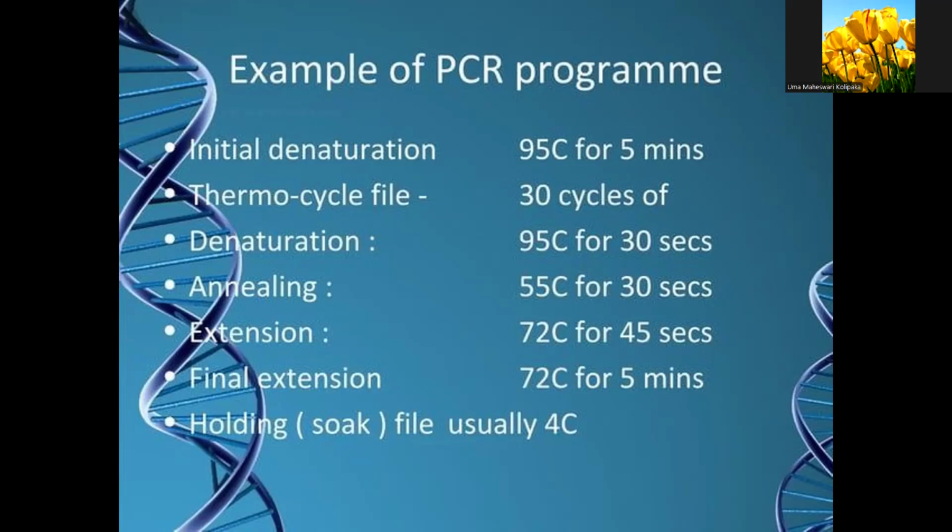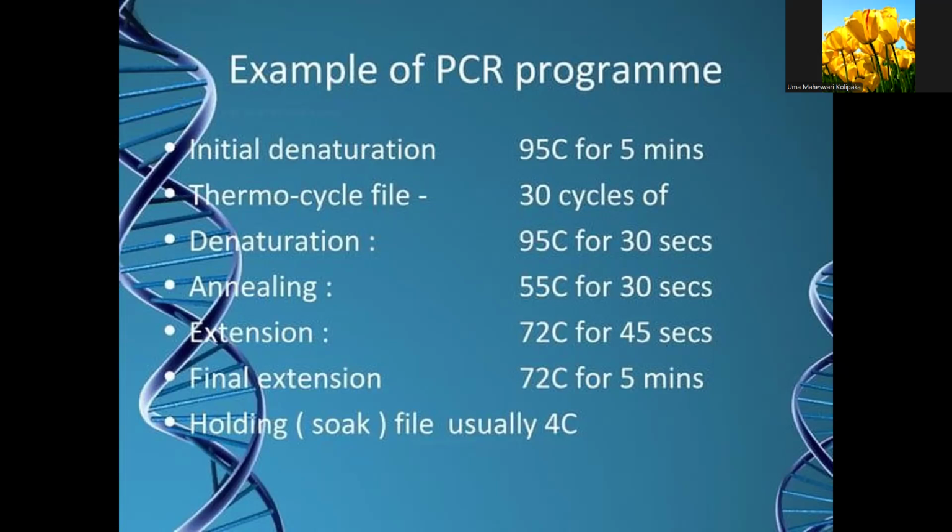Then the holding soak profile, usually at 4 degrees. So initial denaturation takes 5 minutes, thermocycle profile 30 cycles, denaturation 30 seconds, annealing 30 seconds, extension 45 seconds, final extension 5 minutes.